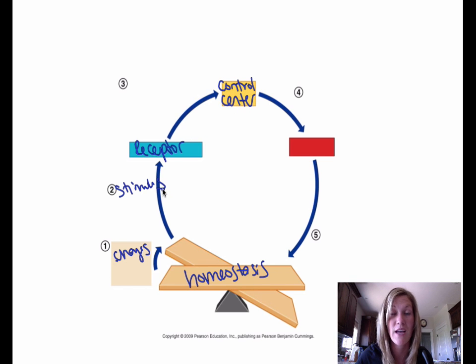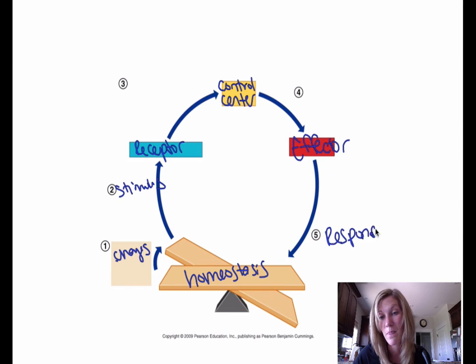The control center again is going to be your brain and your spinal cord. The brain and spinal cord are going to decide what action needs to be made. In this case, if you're cold, the action is probably going to be that you're going to end up shivering. Before you can shiver, the control center has to send that message to the effector organ, which is probably going to be your muscles. Your muscles are going to send the response to shiver because you're cold, so it hopefully will warm your body up.